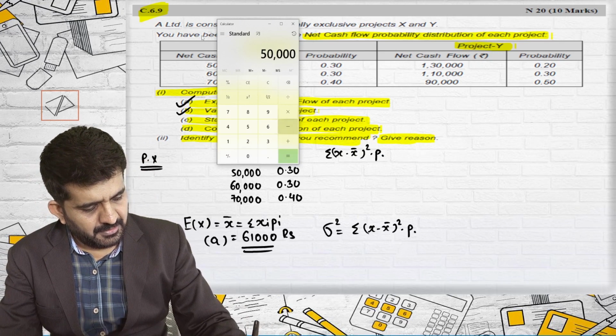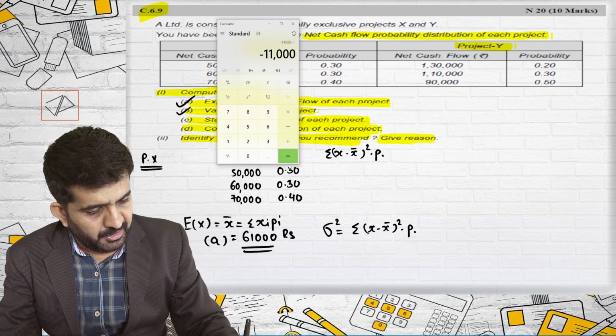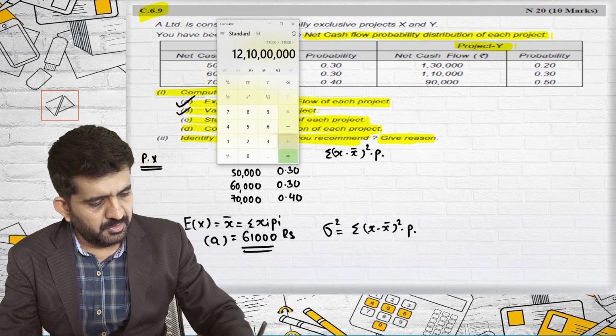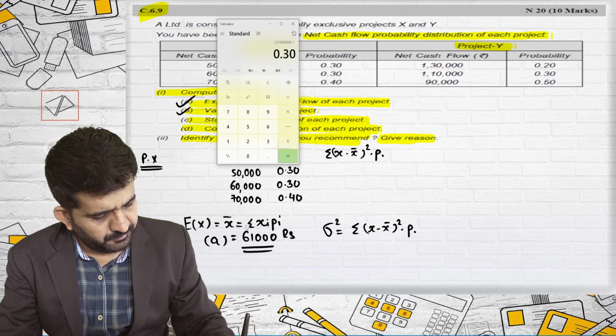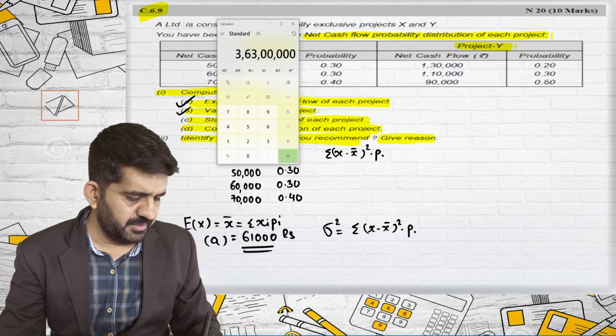If you don't understand, try to concentrate. 50,000 minus 61,000 x bar, squared, multiplied by 0.30, plus.